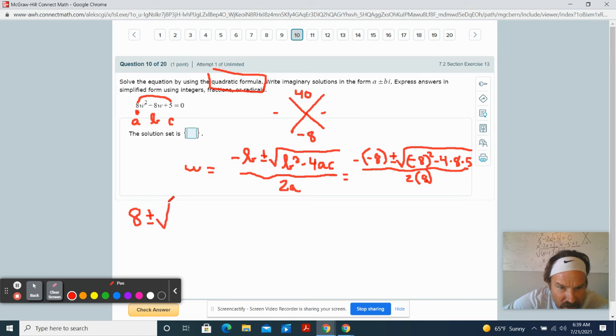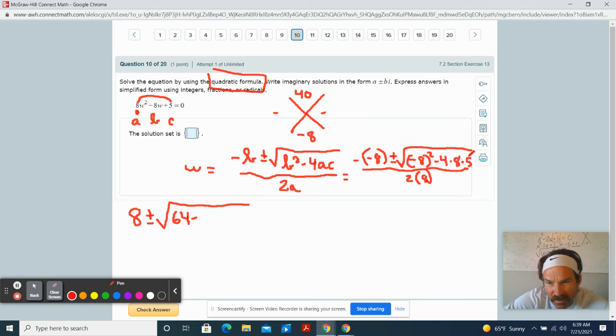Square root, big long square root sign. Let's do the math inside the square root sign. Order of operations says we have to do parentheses first. Well, parentheses is just -8. Exponents second, so this is going to be 64. Then we have to multiply 4 times 8 times 5.